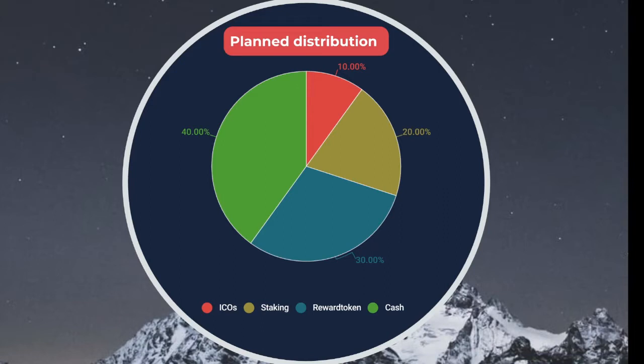Especially with something like mining, you need quite a decent amount of money to start a proper mining investment. But right now, roughly 10% is added into ICOs, 20% used for staking, and roughly 30% used in different reward tokens.